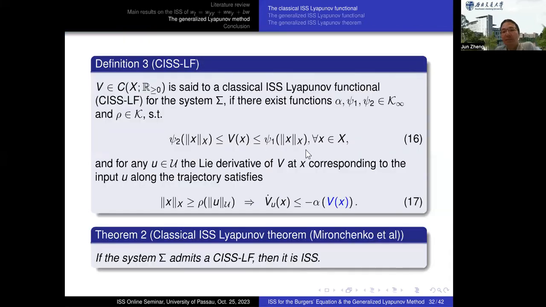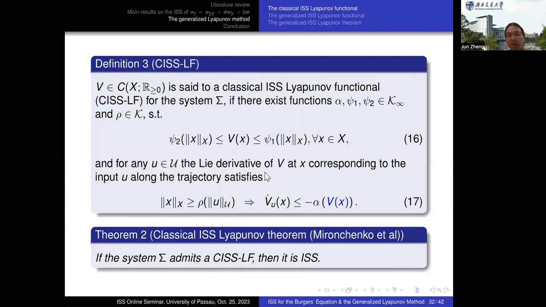Let's recall the definition of the ISS Lyapunov functional. Here, I would like to call it the classical ISS Lyapunov functional because we want to compare it with the generalized ISS Lyapunov functional introduced in this presentation. We say a function V is a classical ISS Lyapunov functional if there exist comparison functions such that this structural condition is fulfilled.